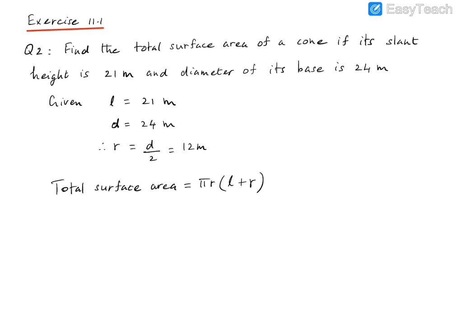And now we have all the information we need to calculate the total surface area. The formula for calculating the total surface area is pi r into (L plus r). We have to use pi as 22 by 7. So 22 by 7 into r, which is 12 meters, into (L plus r), which is 21 plus 12.